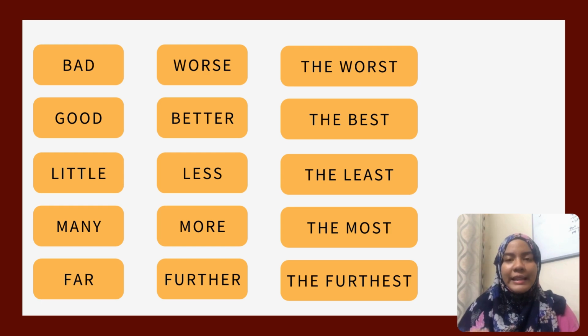So, from the example given, we can see that they do not follow the typical rules to form comparative, which is adding er at the end or adding more before the adjective. Or for superlative, the typical rules will be adding est at the end of the adjective or adding most before the adjective.